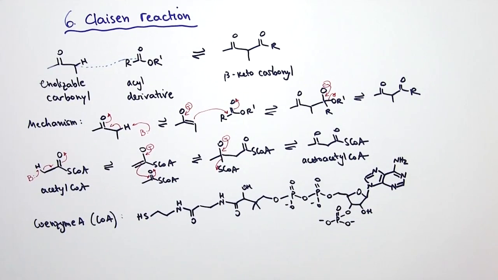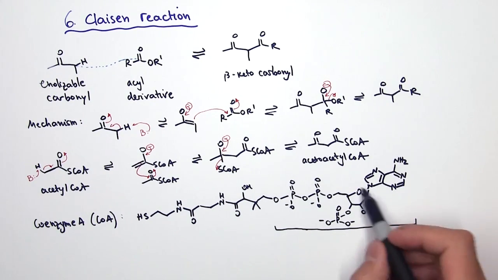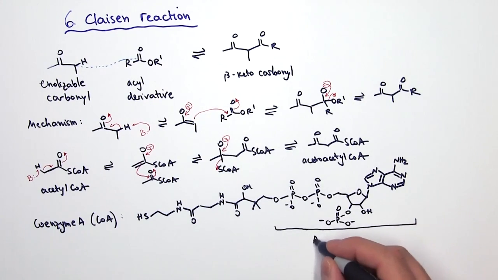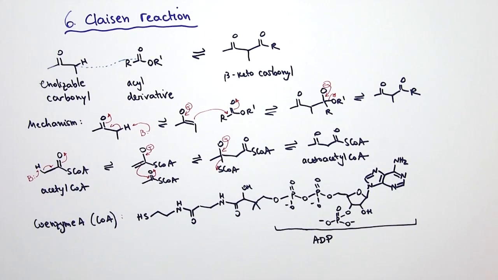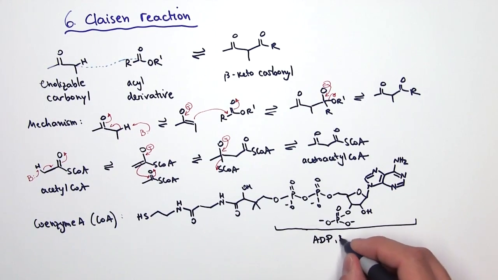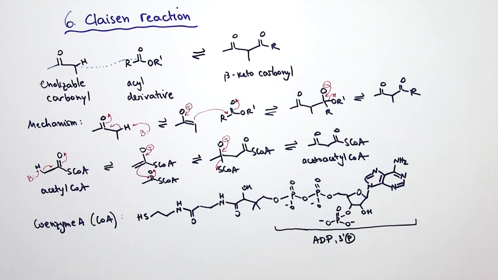There you go. This is coenzyme A. You might recognize this part of the molecule as being adenine bound to a ribose bound to two phosphates. It's essentially ADP. But notice there's another phosphate at the 3' position. So it's an ADP with a 3' phosphate.